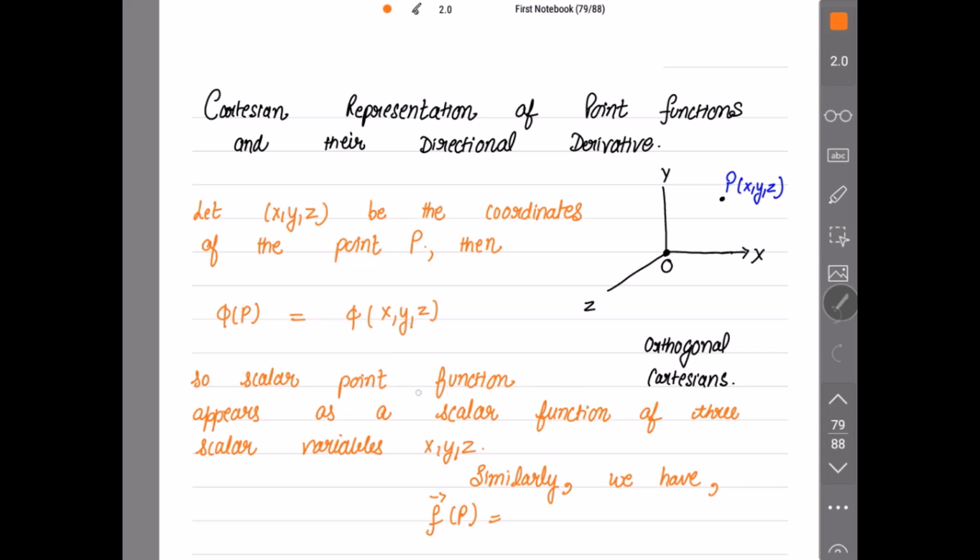So a scalar point function appears as a scalar function of the scalar variables x, y, z. Similarly, for a vector point function, we have a vector function of 3 scalar variables x, y, z. Phi is scalar and vector f is a vector.